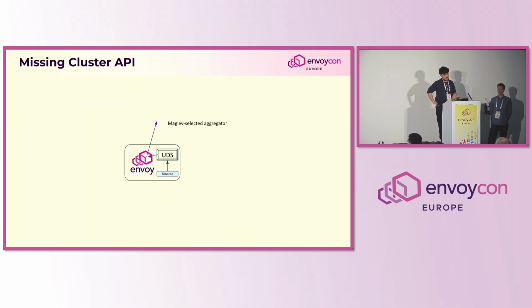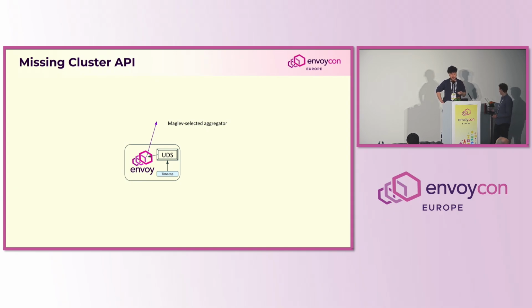But perhaps the biggest issue was the lack of a direct API to call listeners or clusters in Envoy. So as I said, Timecop is essentially ROQS but uses unary gRPC with maglev. And maglev is supported by Envoy out of the box. So what we wanted to do was just call via Envoy to our aggregators, and all the sharding would happen like that.